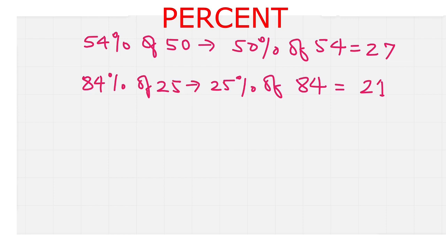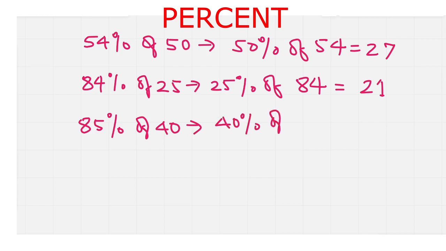We go to another example, 85% of 40. If we make it 40% of 85, then it becomes quite simple and easy. If we calculate 85% of 40, then we will calculate 80%, then we will calculate 5%, and then we will add it. So it's going to take time.